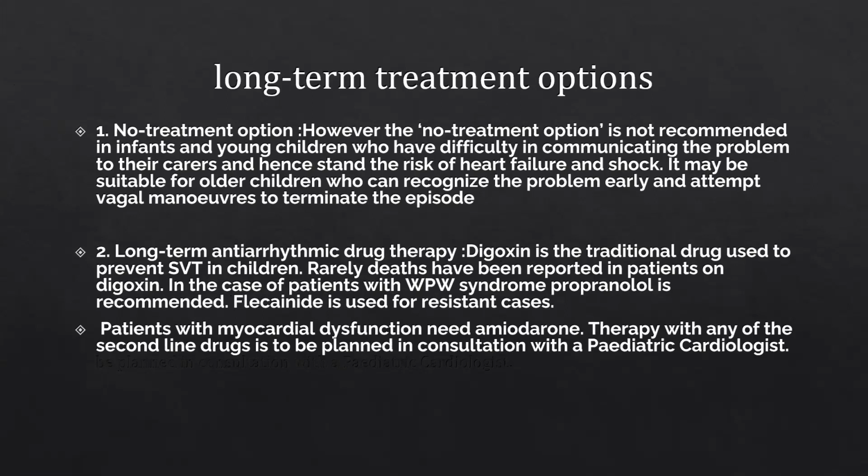Rarely, deaths have been reported in patients who are on digoxin, and in patients with WPW, propranolol is recommended, and flecainide in resistant cases. Patients with myocardial dysfunction need amiodarone, and amiodarone is a second-line drug that should be planned very well in consultation with a pediatric cardiologist.